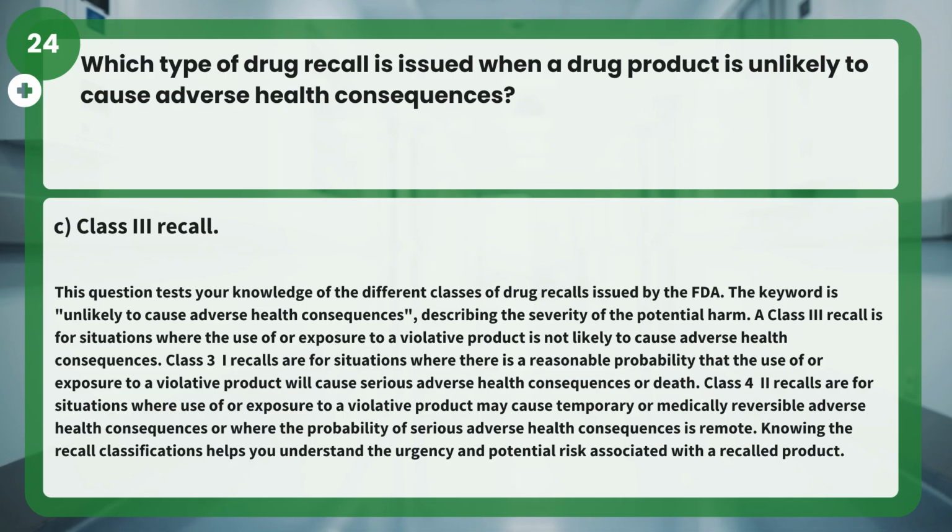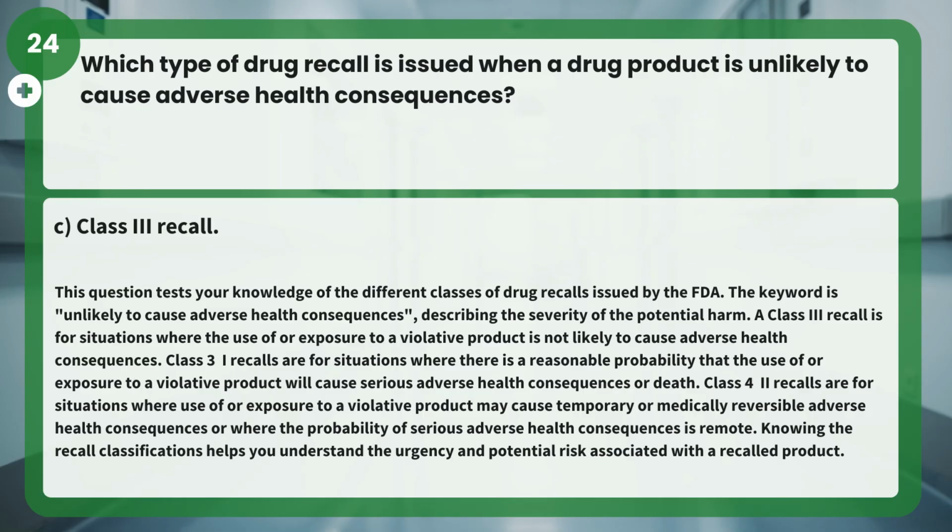This question tests your knowledge of the different classes of drug recalls issued by the FDA. The keyword is unlikely to cause adverse health consequences, describing the severity of the potential harm. A Class 3 recall is for situations where the use of or exposure to a violative product is not likely to cause adverse health consequences.